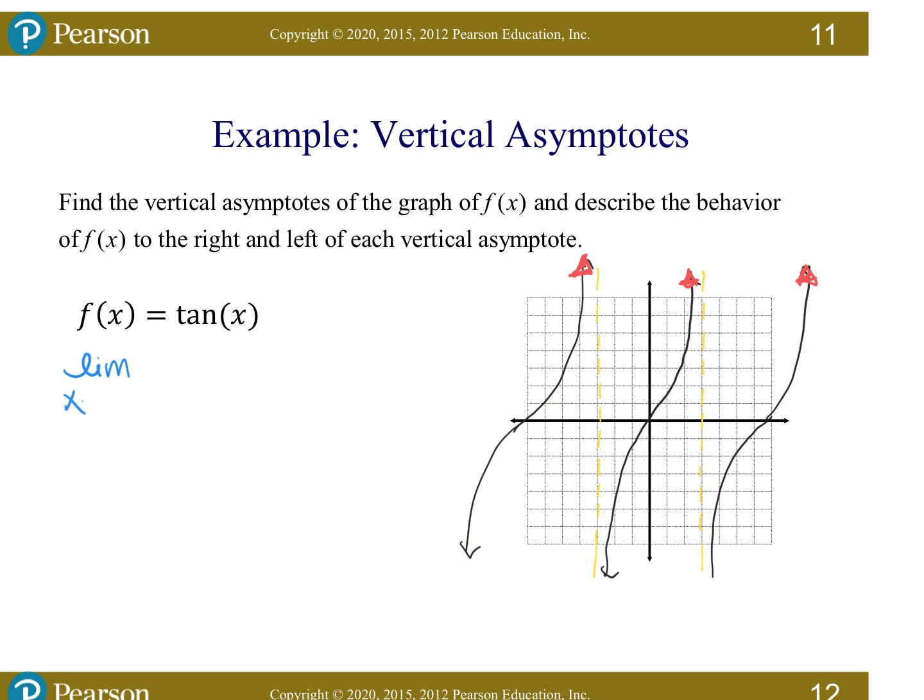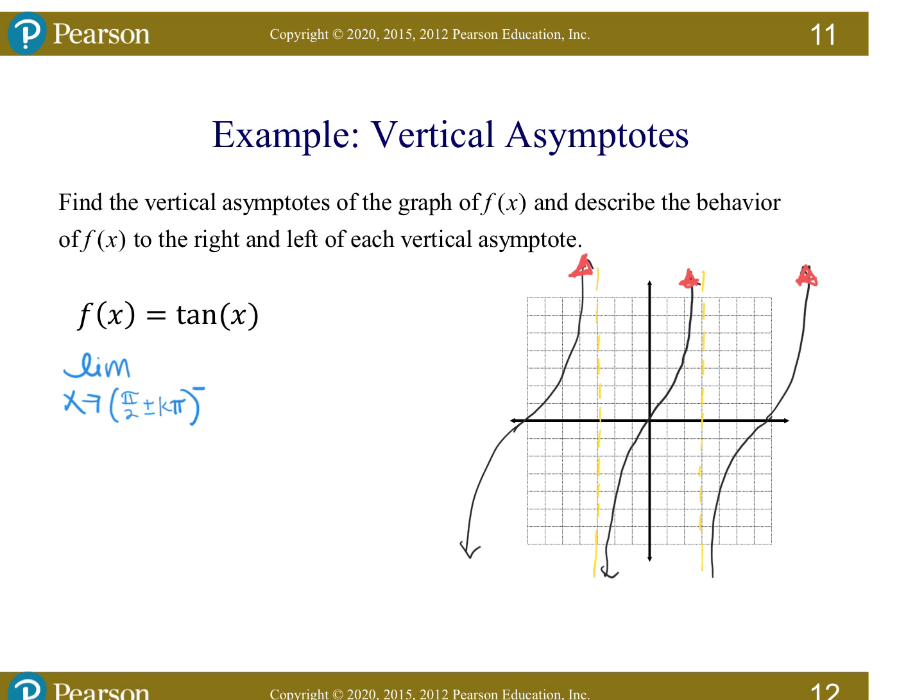The limit as x approaches, okay, how often do these asymptotes happen? I know they're at pi halves and I know they're at negative pi halves, but how often does that happen? With a space of pi, right? So it's pi halves plus or minus k pi. The first one's at pi halves, and then every single one after that is pi away.